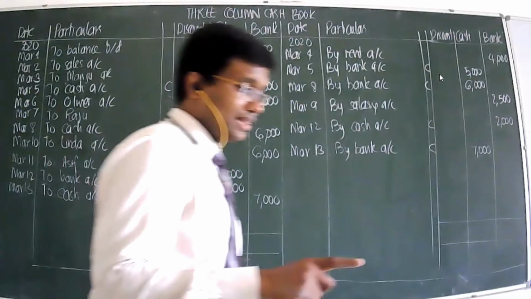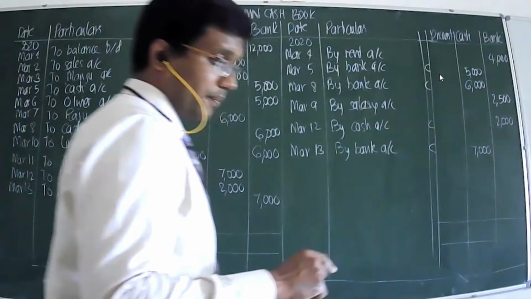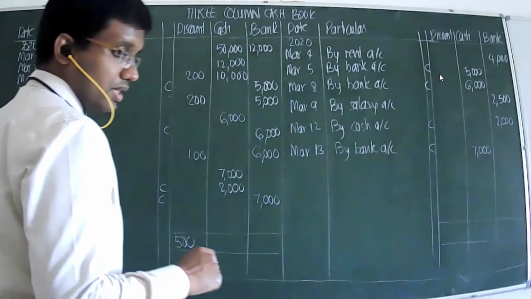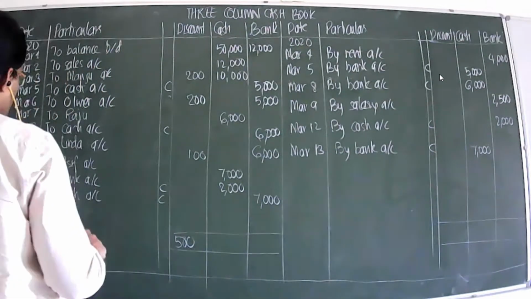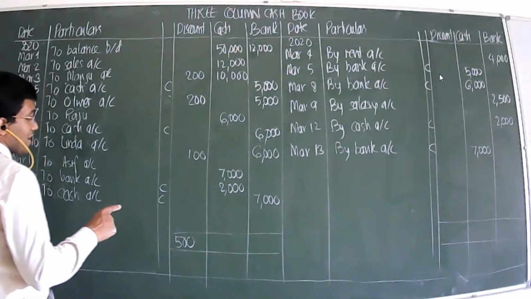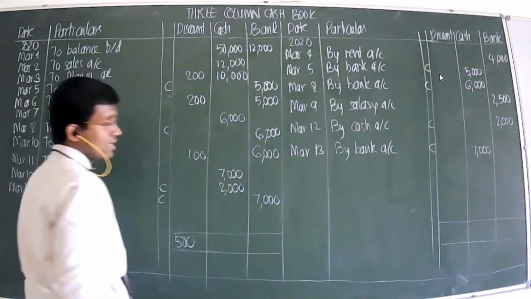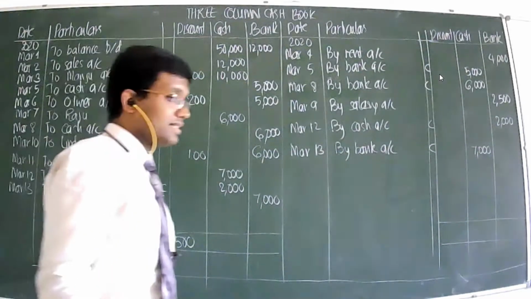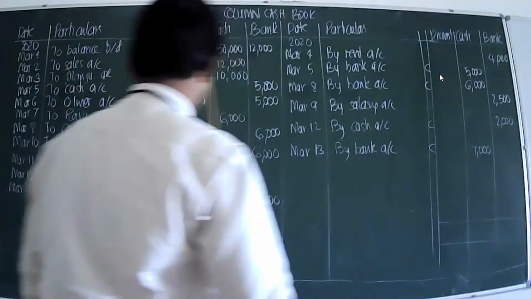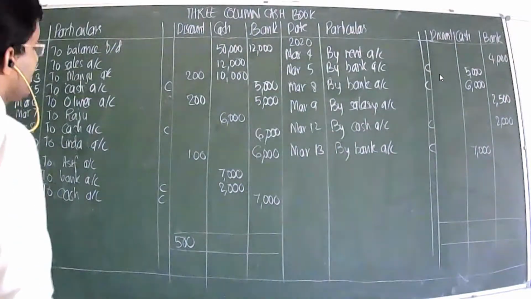She's paying the money in the form of check. Okay, and what we are doing with the check is we're depositing the check into bank. Remember, bank is personal, debit the receiver. So bank is receiving. That's the reason why it is a debit entry. Okay, now let's quickly add this up.